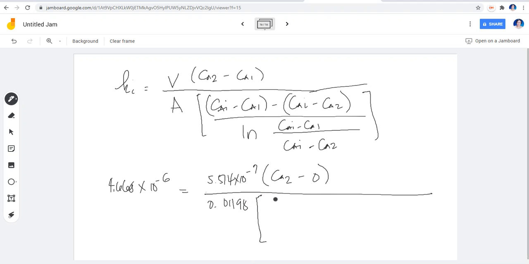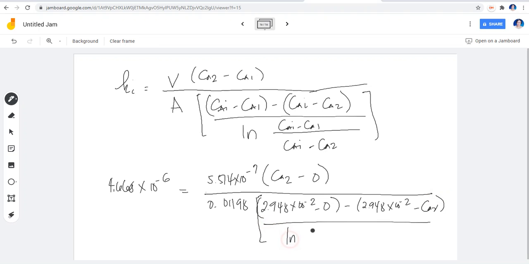Our concentration at the interface is 2.948 times 10 raised to negative 2. We have a 0 for CA1. We have another 2.948 times 10 raised to negative 2 here, minus CA2. And then we have the ln of 2.948 times 10 raised to negative 2 over 2.948 times 10 raised to negative 2 minus CA2.